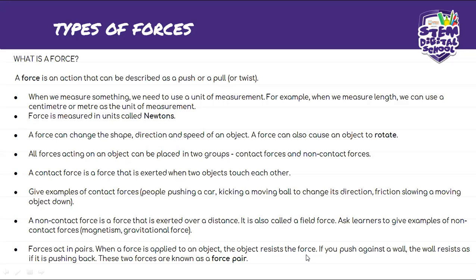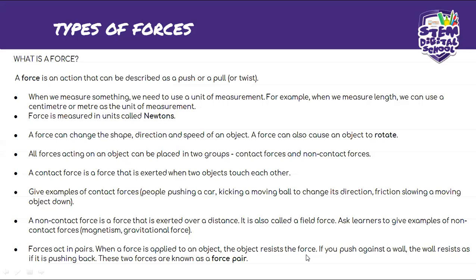So I repeat, forces act in pairs. When a force is applied to an object, the object resists the force. If you push against a wall, the wall resists as if it is pushing back. These two forces are known as a force pair.